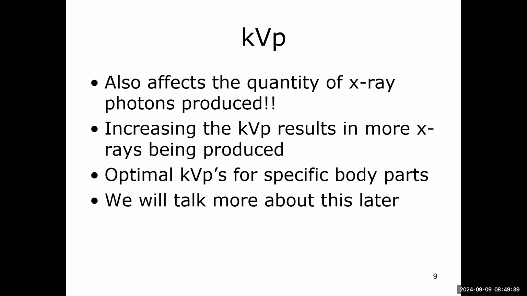It's just direct, which means if kVp goes up, then the number of photons that is created goes up, but it's not proportional like mAs and time were, or mA. So it is a direct relationship. So kVp has a direct relationship to the number of photons produced and to receptor exposure, but it's not proportional. We'll talk a little more about that in a few weeks.